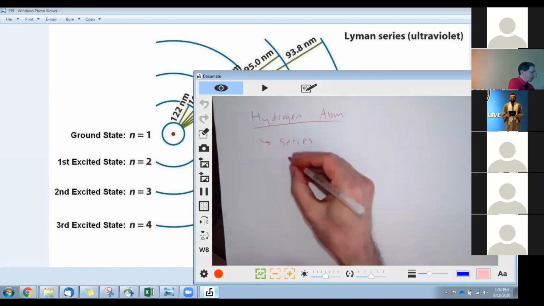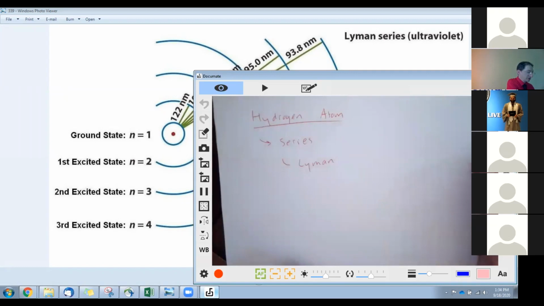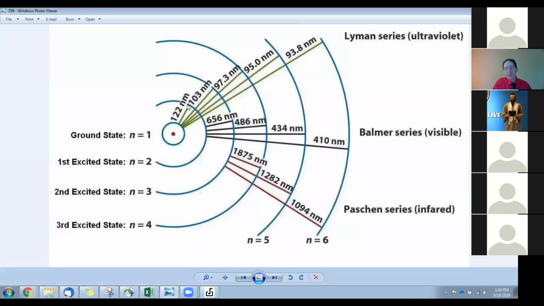So let's start with the Lyman series. And these are all transitions to and from the ground state. So the transition from the ground state to the first excited state, that takes the most energy out of all these, any transition from one level to one level up.